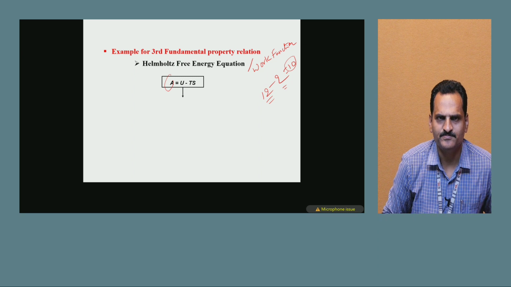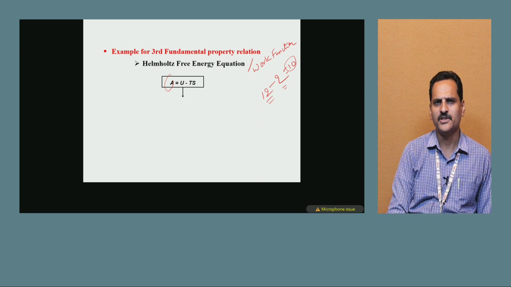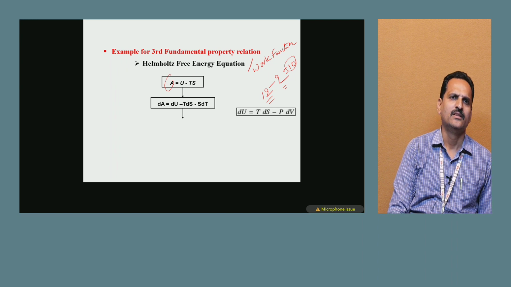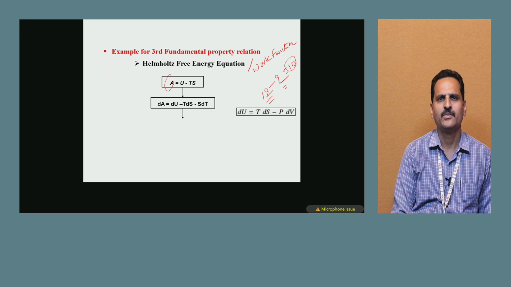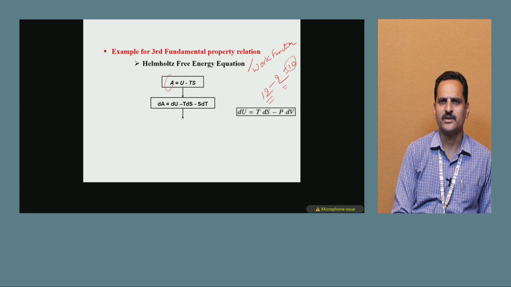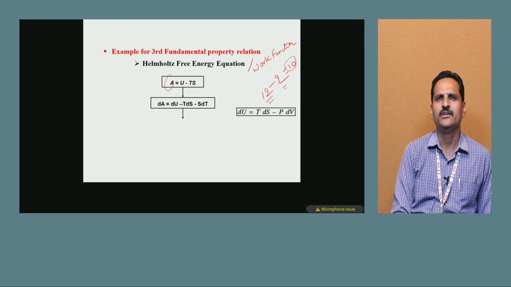Let's apply the differential form of this equation. dA is equal to dU minus TdS minus SdT. As we know, the simple mathematical expression, differentiation of UV is equal to U into dV plus V into dU.